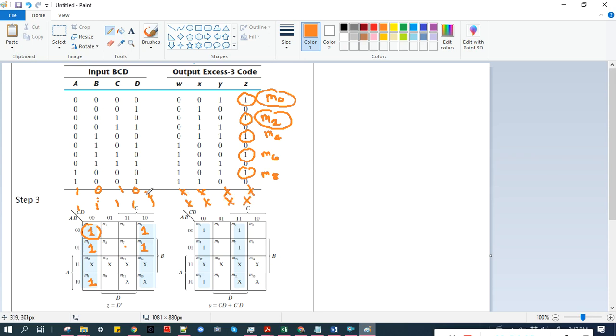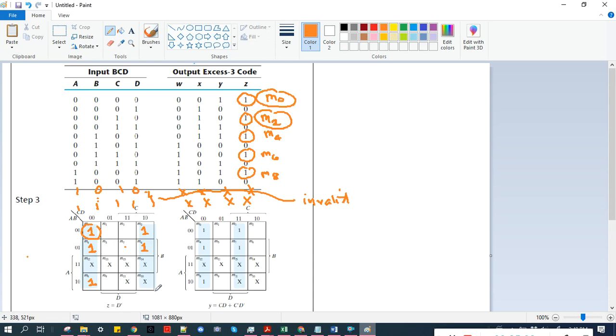We don't care about the output if the inputs are invalid. That's why it wrote down X. The rest are just don't care conditions.